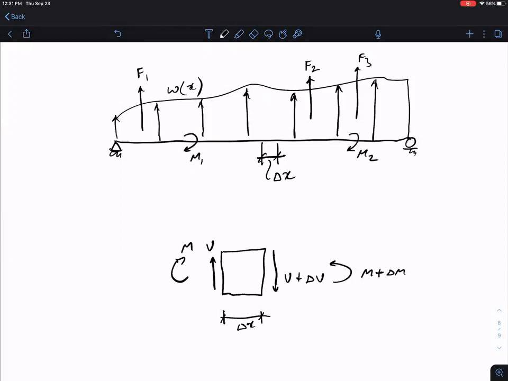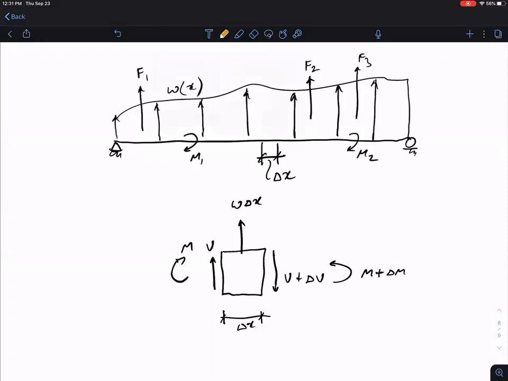We're also going to replace the distributed load by a concentrated force that we will call omega times delta x.